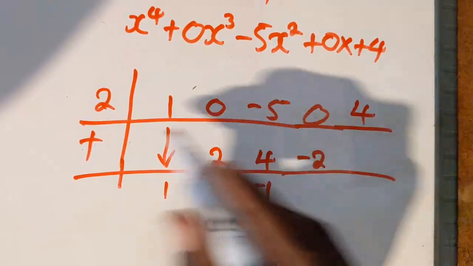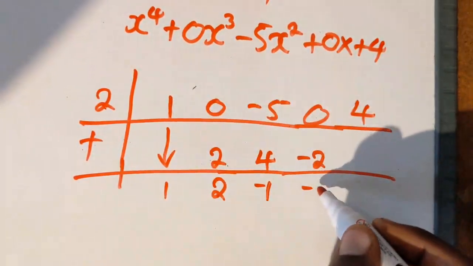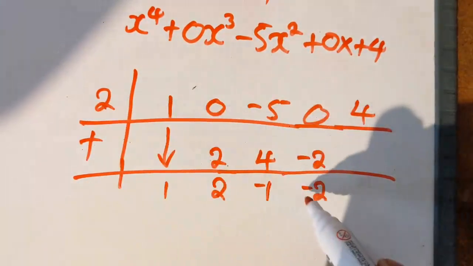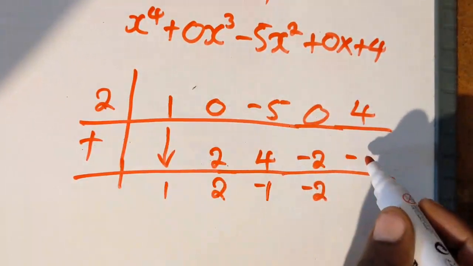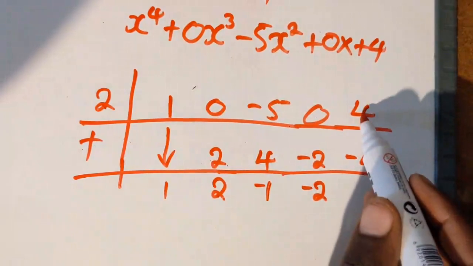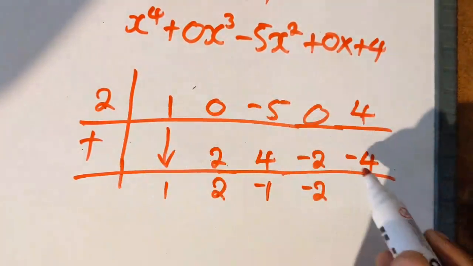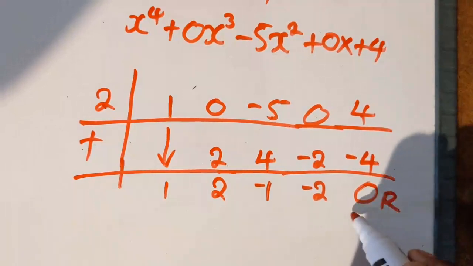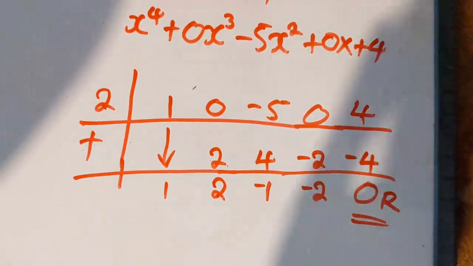Then 0 plus negative 2 gives you negative 2. Then 2 times negative 2 gives you negative 4. Then 4 plus negative 4 gives you 0. So the remainder here is 0. We have proven.